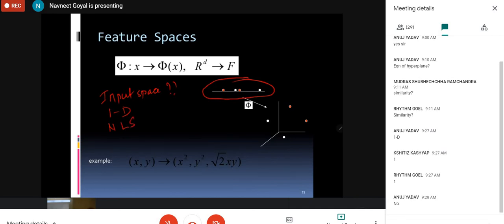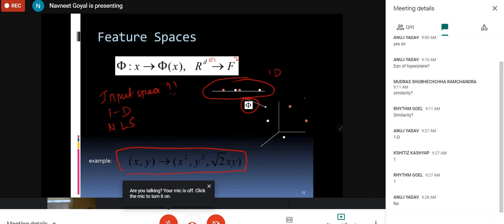All right. So now what we are doing is applying a transformation phi, which is defined here. We are going from d equal to 1 to higher dimensions; your input space is one dimensional, and you are going from 1D to 3D.